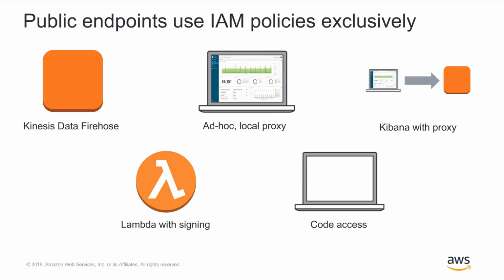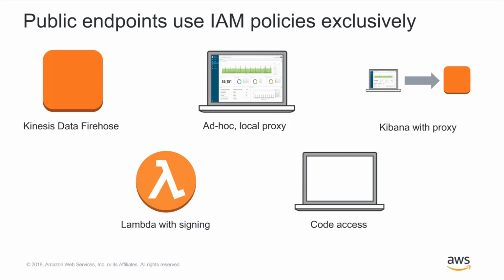Always with Kibana, for the second case, with Kibana, you're going to use IAM policies either in the first case with a user or in the second case with an IP address to specify the authentication for that traffic.